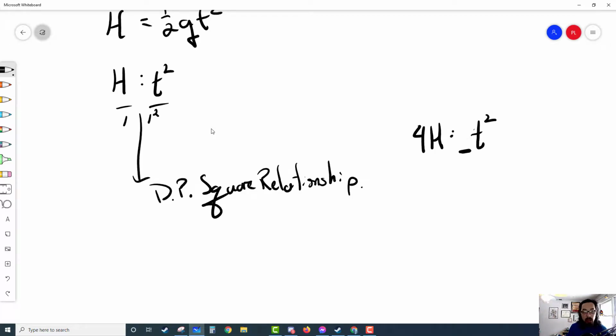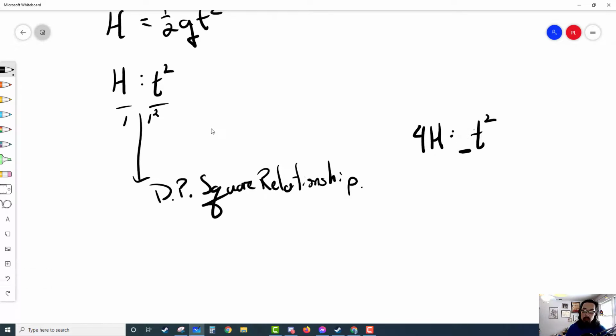So I need to see what number squared would give me 4, and the number is 2, because 2 squared would give me 4. Even though we didn't adjust that t, technically that t and the variable in front are in parentheses. So 2 squared gives me 4.